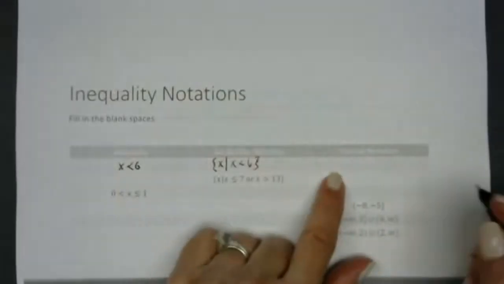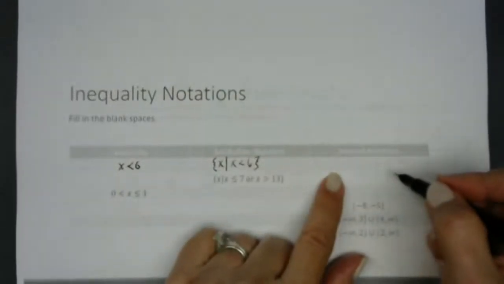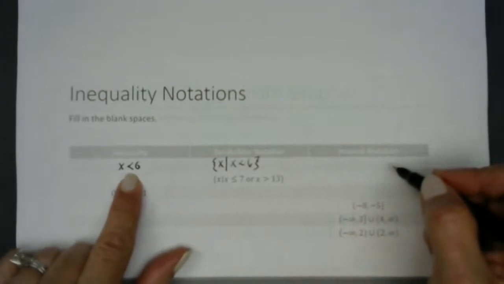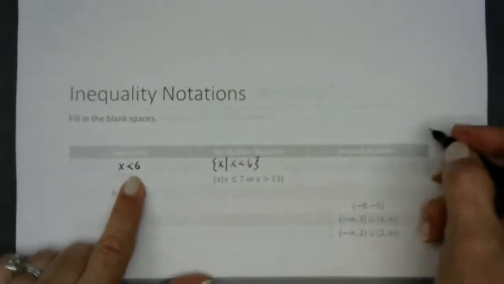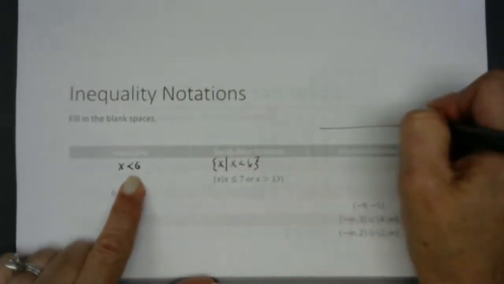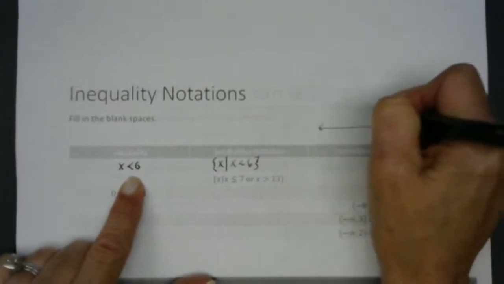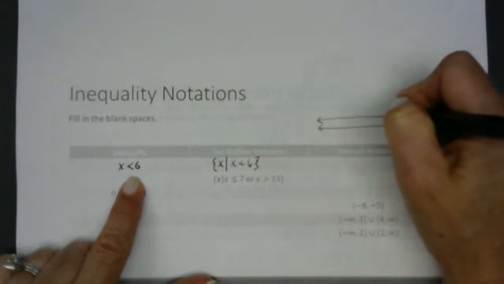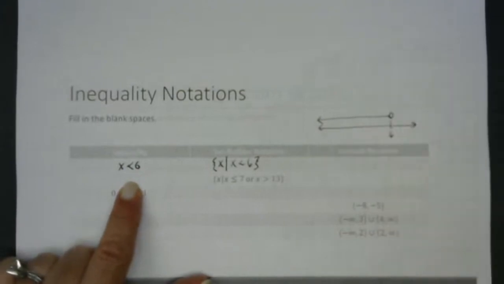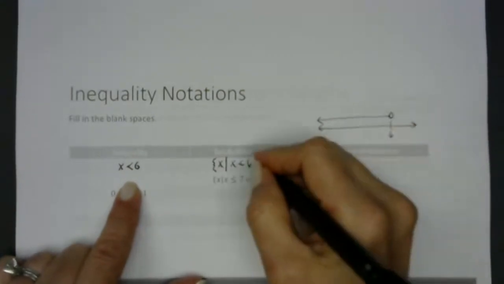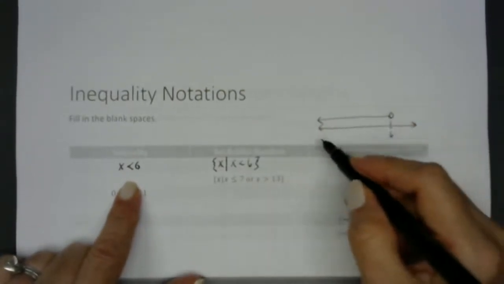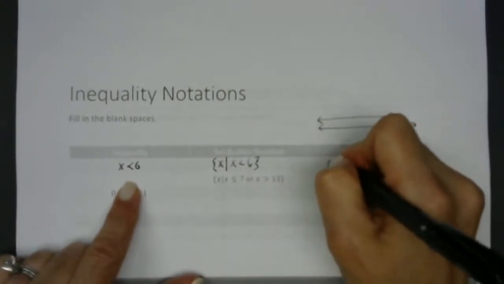Okay. In interval notation, of course, I just want to identify the endpoints. Well, it's open-ended to the left, right? X is less than 6. If I'm graphing that, let's say 6 is right here. X is less than 6, so it's to the left of 6. It's not equal to 6. There's no or equal to, so I'd have an open circle there. So in interval notation, I'd have to write that my lower boundary is simply negative infinity.